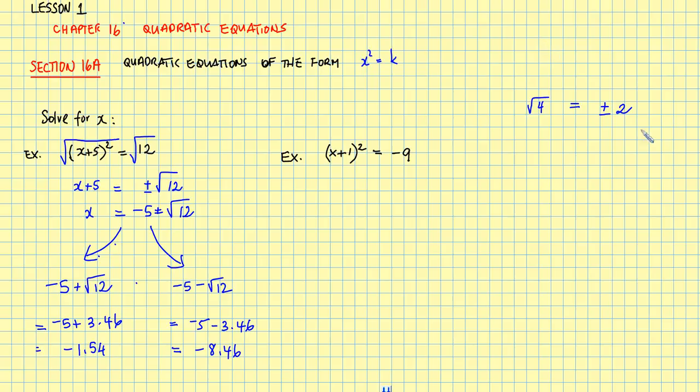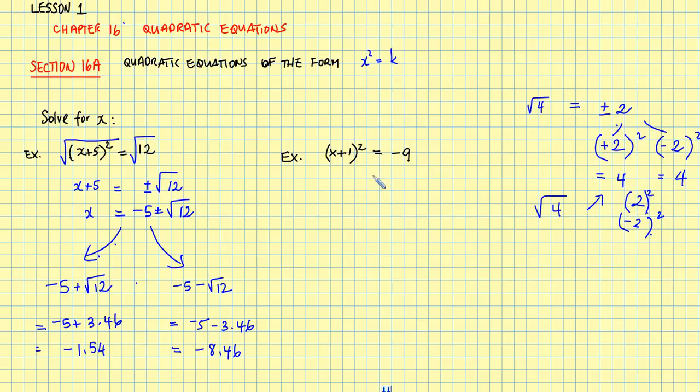If I take positive 2 and square it, my answer is 4. But if I took negative 2 and squared it, lo and behold, my answer would still be 4. So technically, when I do the square root of 4, it could have been 2 squared or negative 2 squared that had gone in. So my answer could be 2 or negative 2.